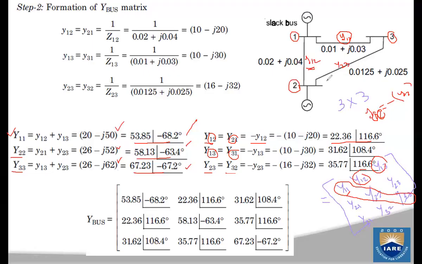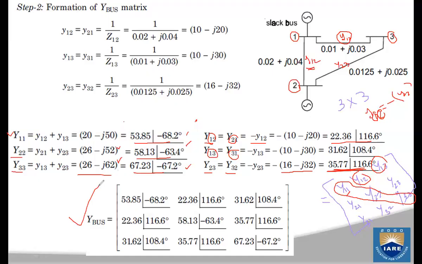Again there is only one transmission line, so minus of this admittance, which is minus of 16 minus j32, gives Y23 and Y32. When you convert them into polar form, you will get this value finally. So you got all the Y bus elements. Now if you represent it in matrix form, this is the Y bus.